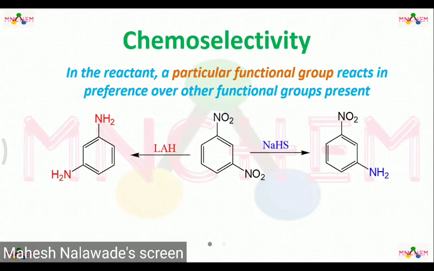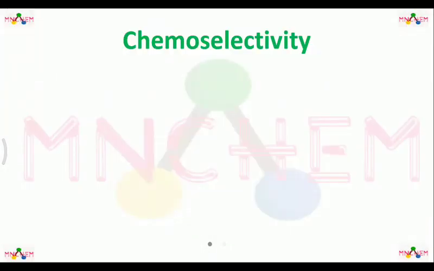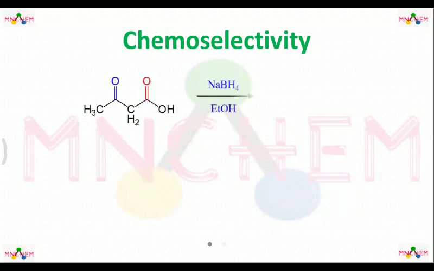Let's discuss a few more examples for chemoselectivity. Consider a beta keto carboxylic acid. This beta keto carboxylic acid is treated with sodium borohydride, and ethanol is used as a solvent.